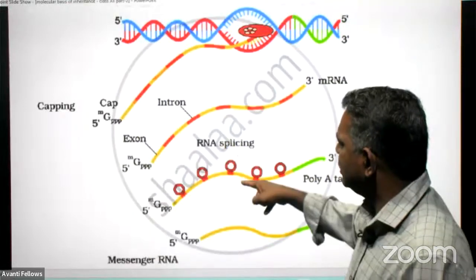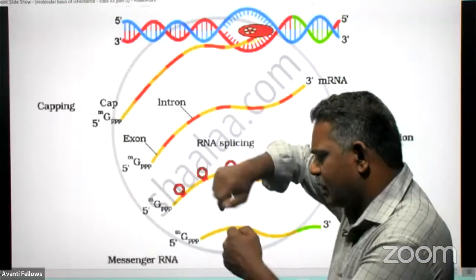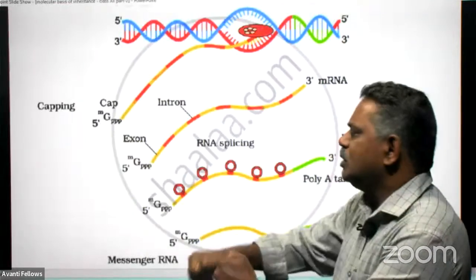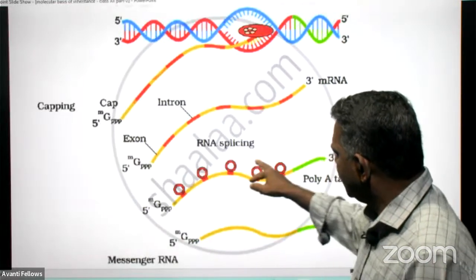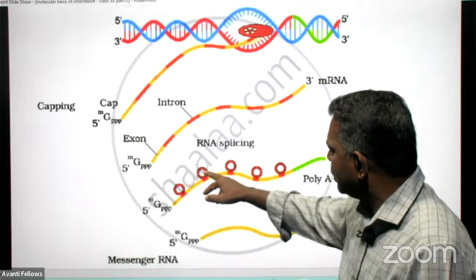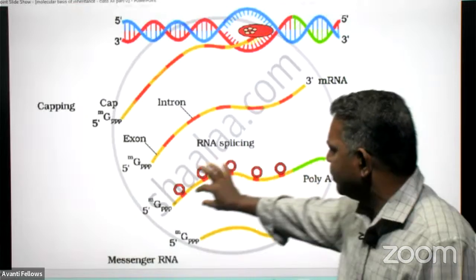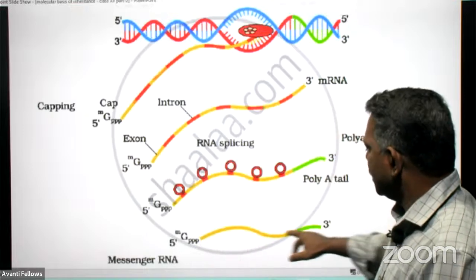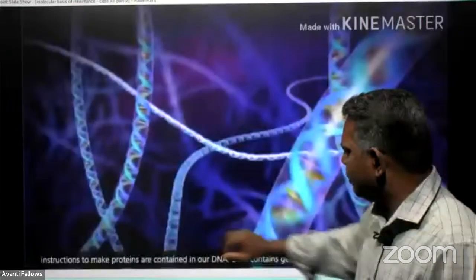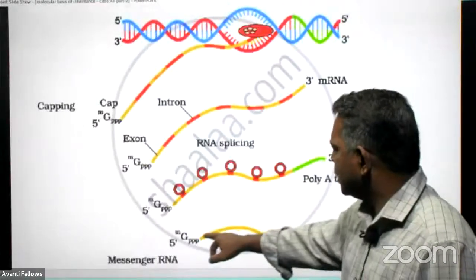How does this splicing take place? It will go for looping, and it pinches off from this RNA. This is the way through which all the introns are removed from the hnRNA, and we get a matured RNA. That yellow colored one is the matured RNA only.